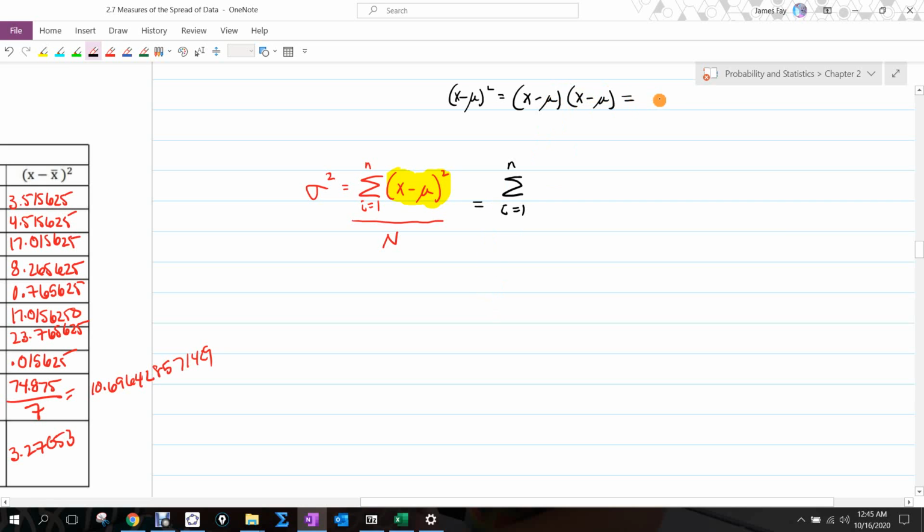Well, we should be able to FOIL that to x squared minus 2x mu plus mu squared. So I'm going to write that out. So x squared minus 2x mu plus mu squared. And this is all going to be over n.